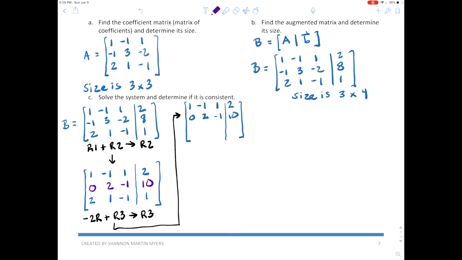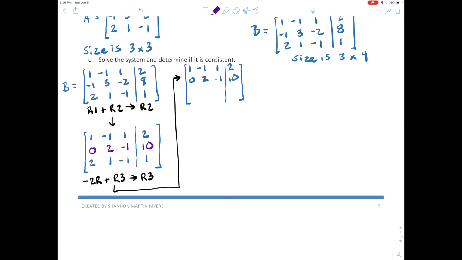So remember, if you multiply row 1 by -2, what's going to happen? You're going to have -2, +2, -2, and -4. Those are the numbers you'll be working with.